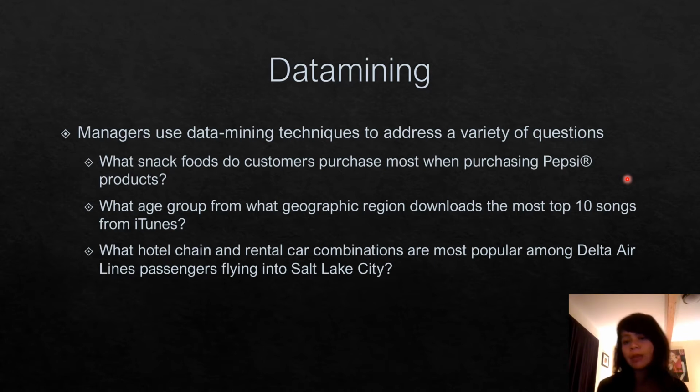The examples given in the textbook are: what snack foods do customers purchase most when purchasing Pepsi products, which age group from which geographic region downloads the most top 10 songs from iTunes, or which hotel chain or rental car combinations are most popular amongst Delta Airlines passengers flying to Salt Lake City. So usually we're trying to find relationships between different categories of data.